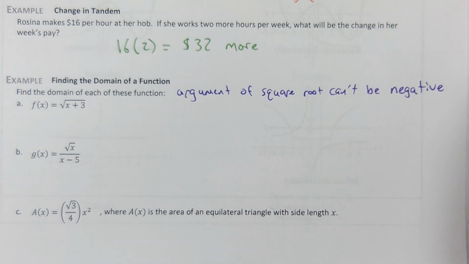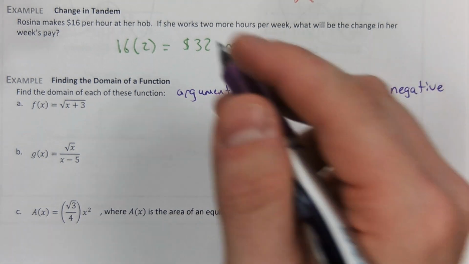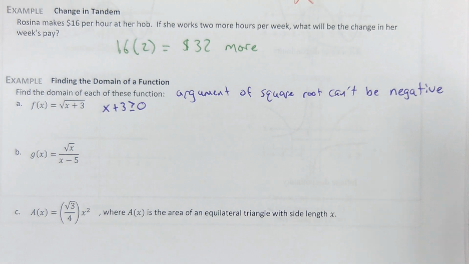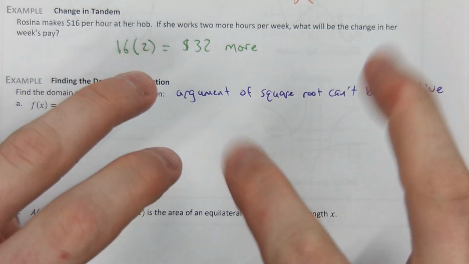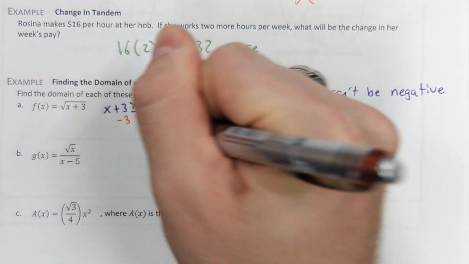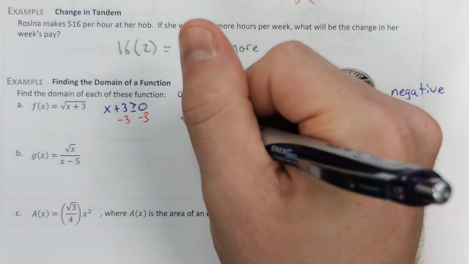Because you can take the square root of 0. It's 0. So the way you find the domain of a square root function is you grab its argument, its radicand, and you set it greater than or equal to 0. This guarantees no negatives. And then you solve for x. I don't have a whole lot of vertical space, so I'm going to scoot to the right.